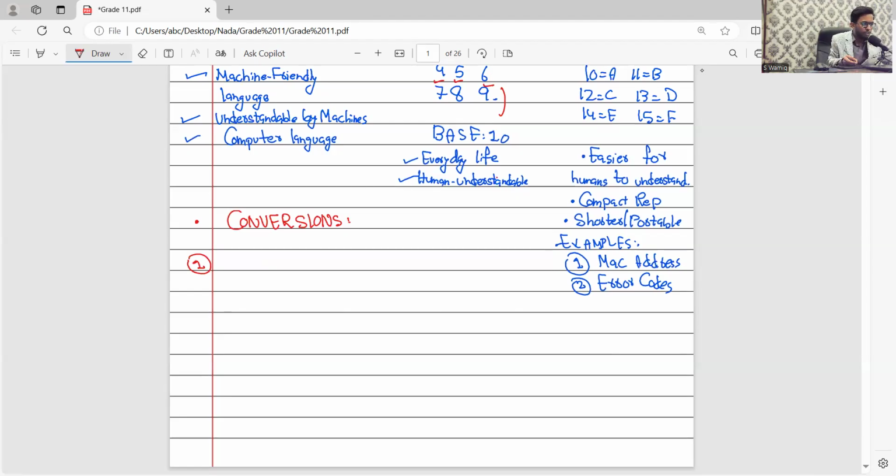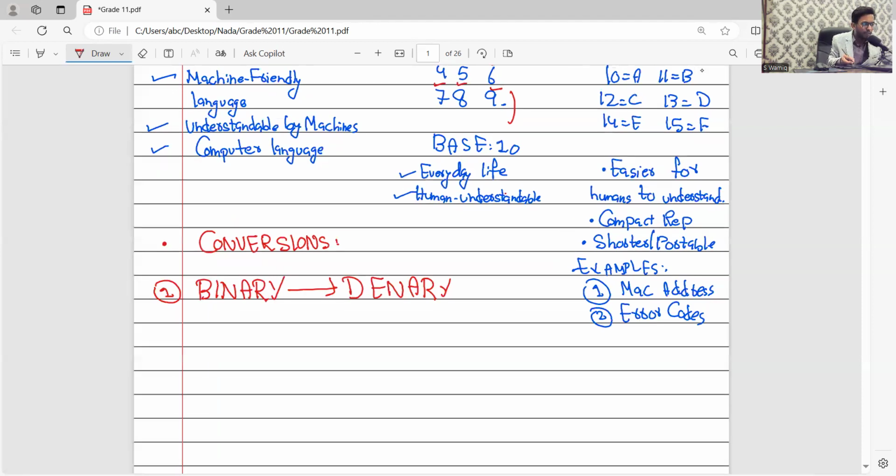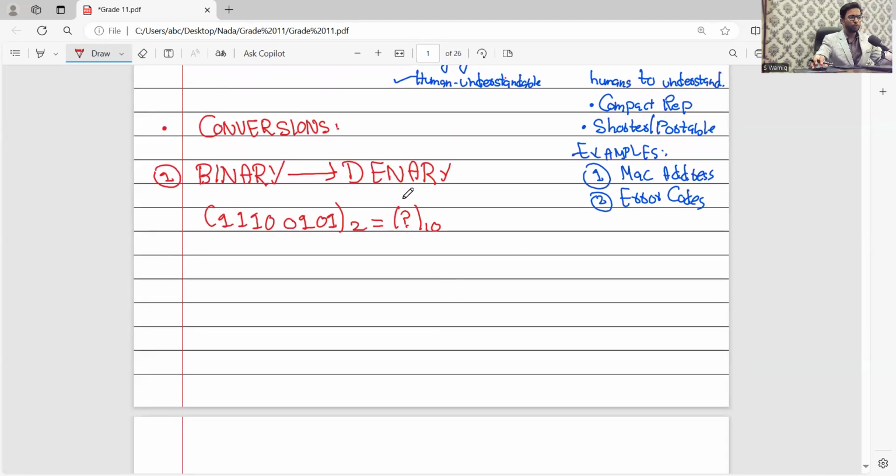So the first conversion that we have right here is that if I want to convert from a binary number to a denary number, how am I going to do that? That basically means that, for example, if I have a binary number, 1 1 1 0 0 1 base 2 to base 10, if I want to convert this number, how am I going to do that?